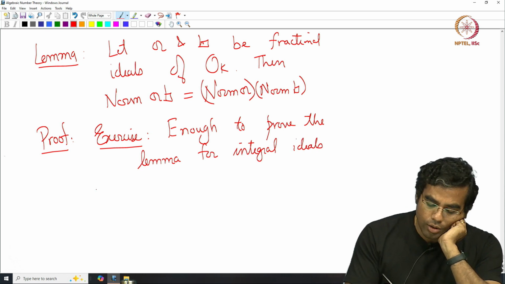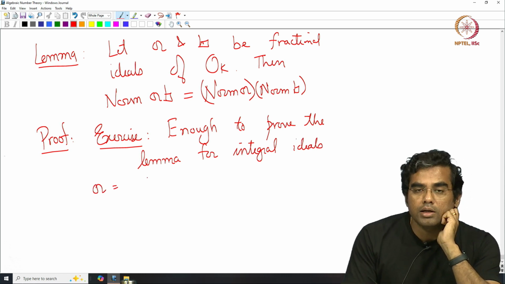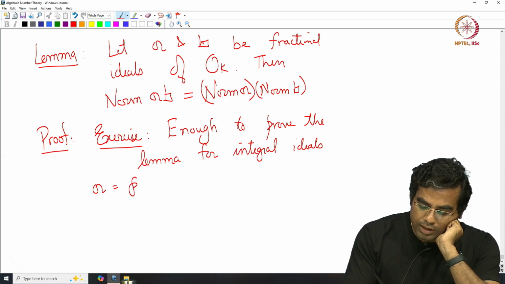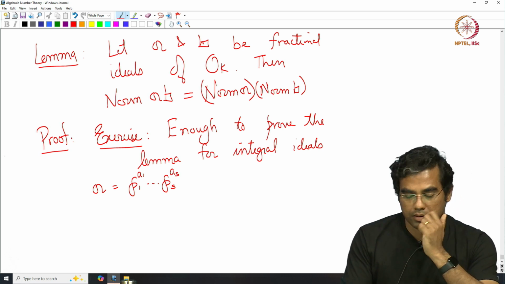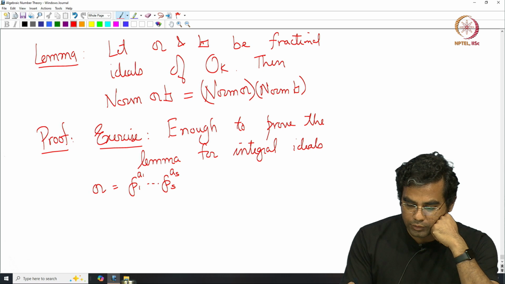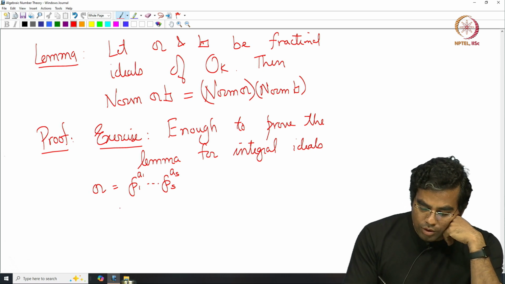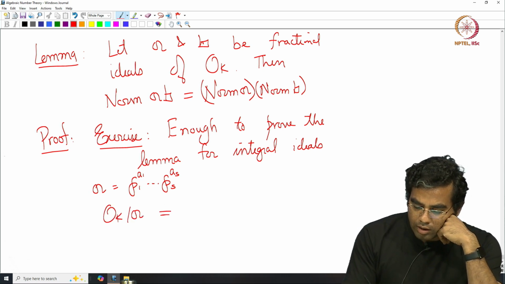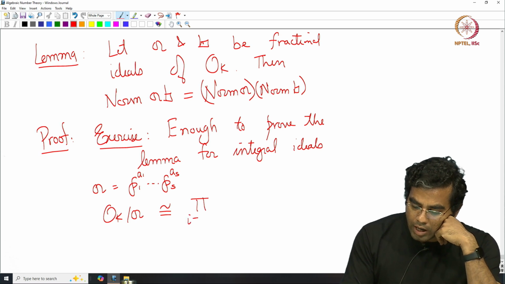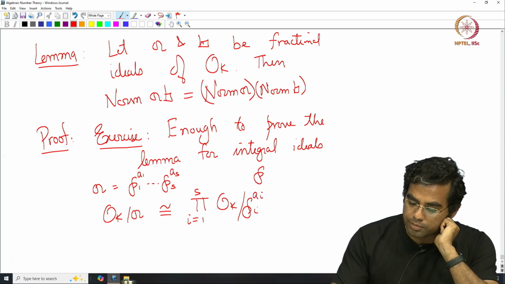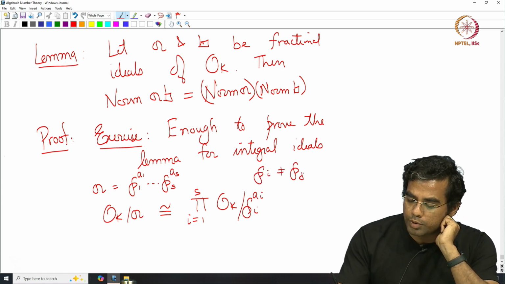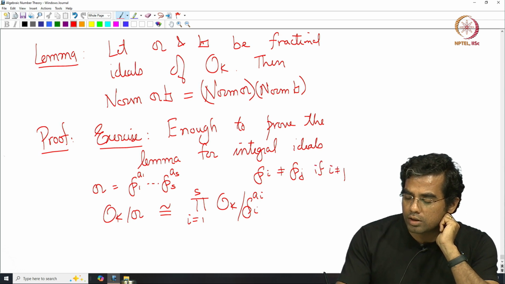Now, I can write my integral ideal using its prime factorization, P1 to the A1 and so on, Ps to the As. I know that OK mod A is isomorphic to the product over i going from 1 to s of OK modulo Pi to the Ai. So, the Pi's are all distinct primes, Pi is not equal to Pj if i is not equal to j.